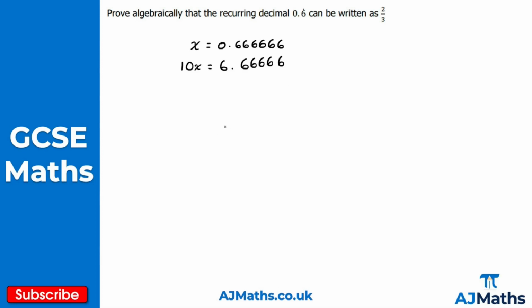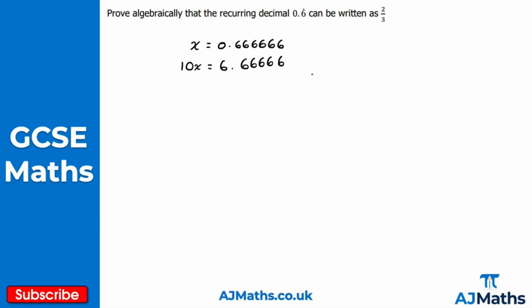The reason I do this is because I want to match the decimal places, everything after the decimal point. It works in this case because I just get digits of 6 on the right hand side of my decimal point, for x and the same for 10x. Once you get a matching like this, we're on to a winner.